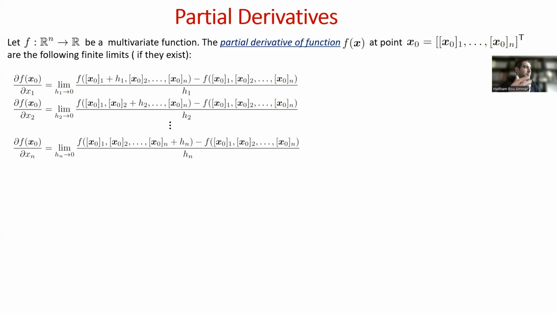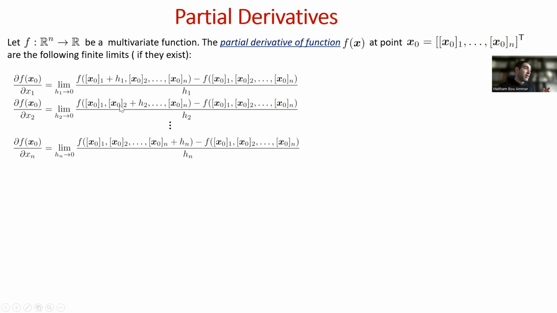in order to compute the partial derivative. Now, the same trick we do for the second partial derivative. In order to compute the partial derivative with respect to the second component at the point x0, you freeze all the other components apart from the second component. So you freeze x01, you freeze x03, x04, up to x0n, but not x02.